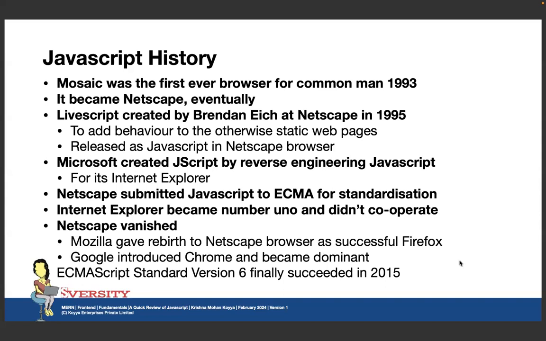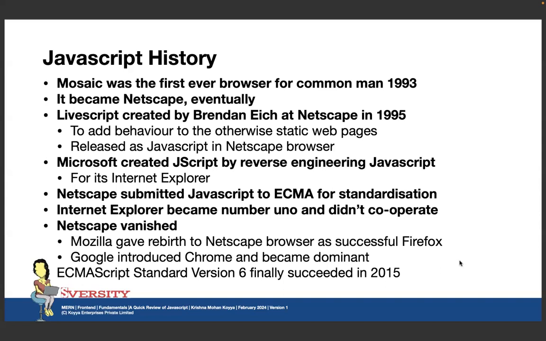To gain more market attention, they later renamed LiveScript as JavaScript, because Java was very popular at that time. So they wanted to leverage that word, of course in consultation with the owners of Java, that was Sun Microsystems.